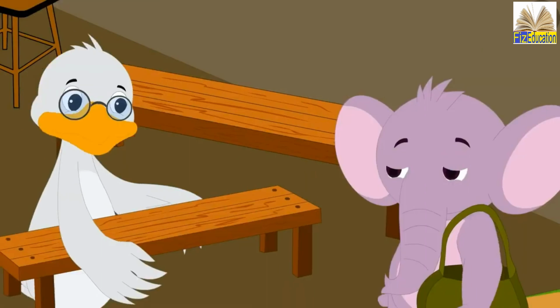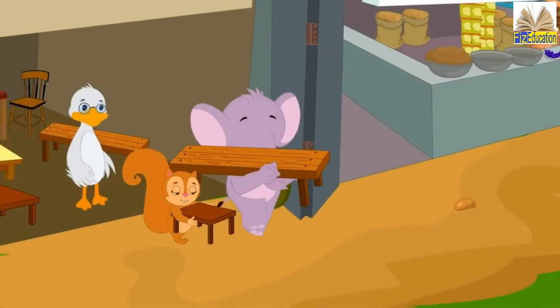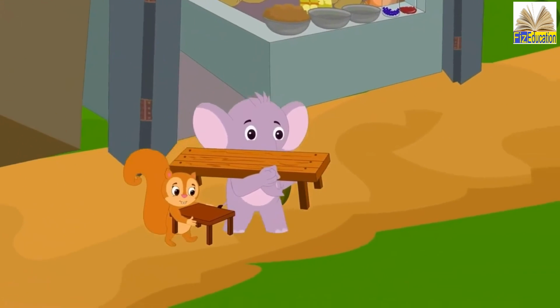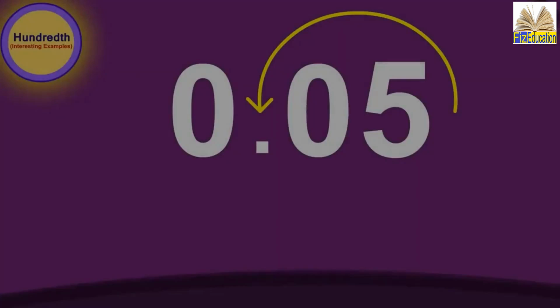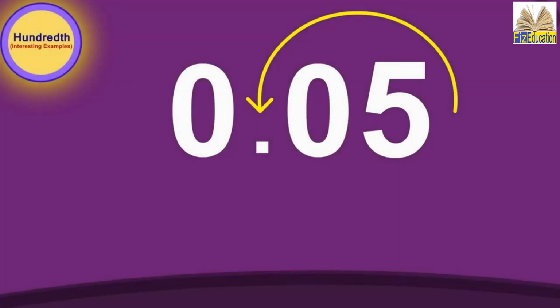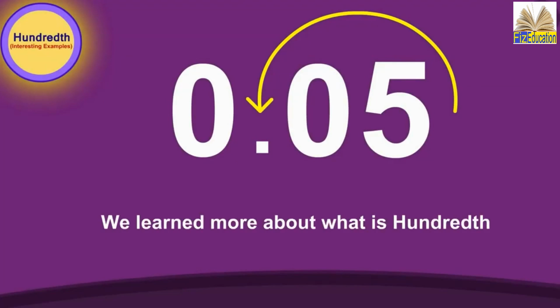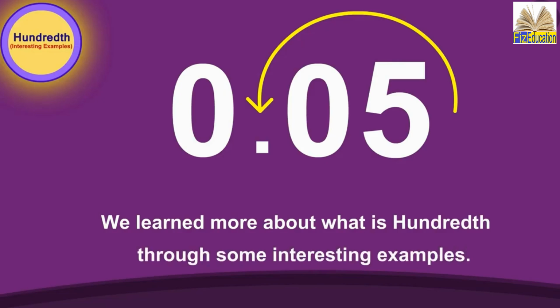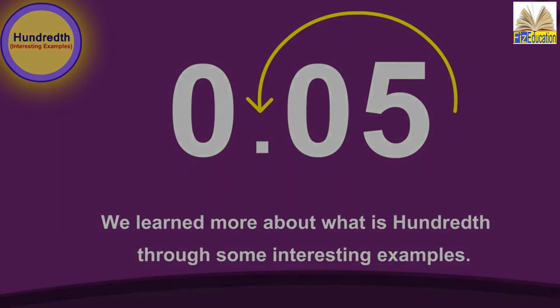Chanda and Appu bought their own tables and happily returned home. Children, in this video we learned more about what is hundredth through some interesting examples. In the next video, we will look at some of the misconceptions related to this.